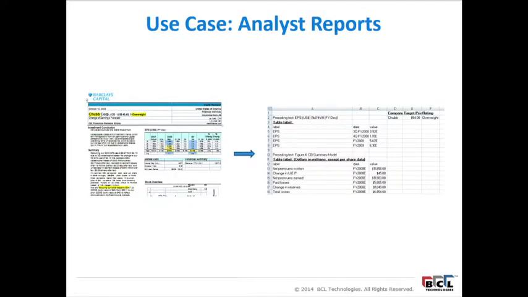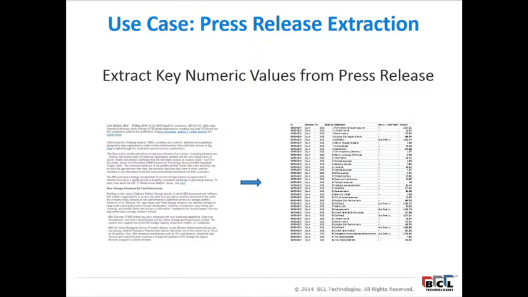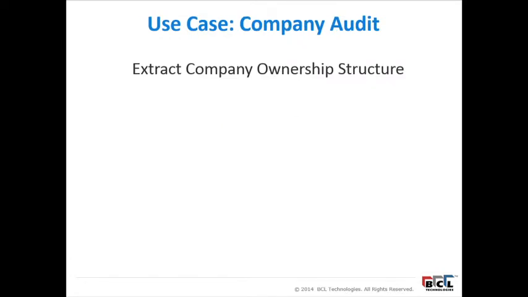Okay. Few use cases to go through. This is Analyst Reports. Analysts take data like this, publish it. It's done offshore. It takes a lot of time. Time is money for them. They do this quickly. Another one is press releases coming in. We can take a press release and put it straight into a spreadsheet or a database or XML as you choose.